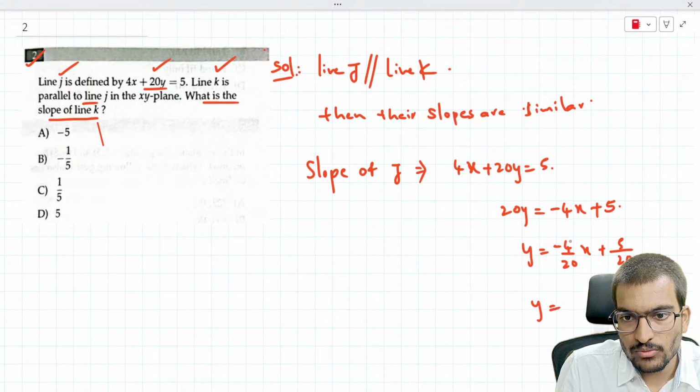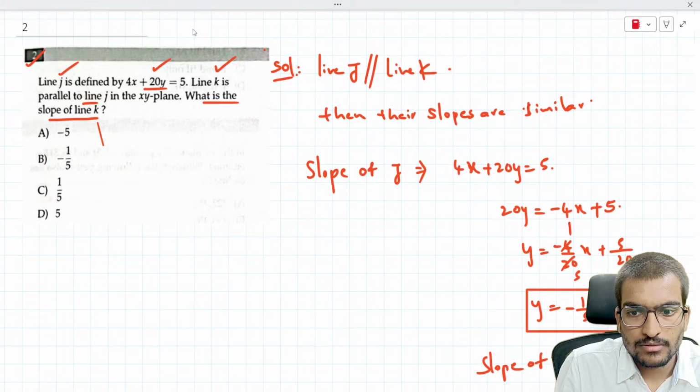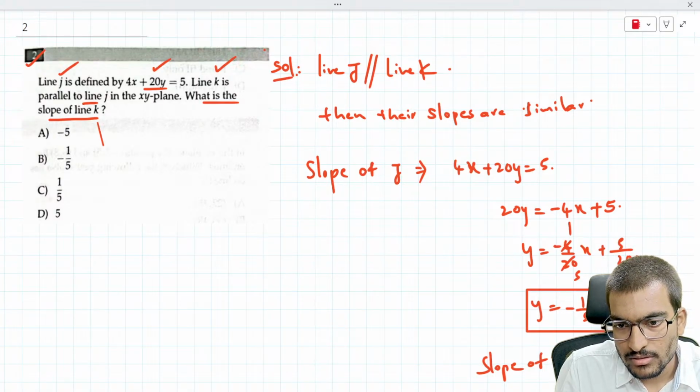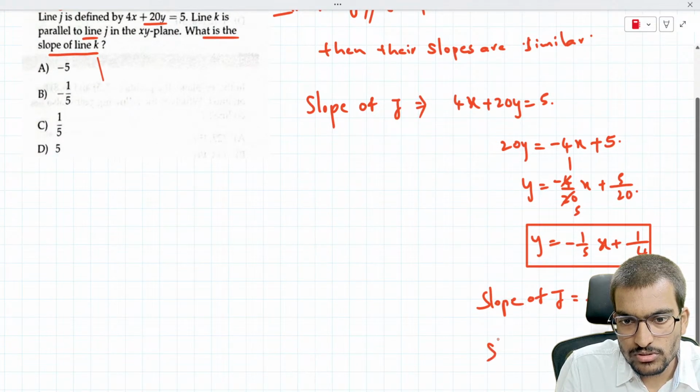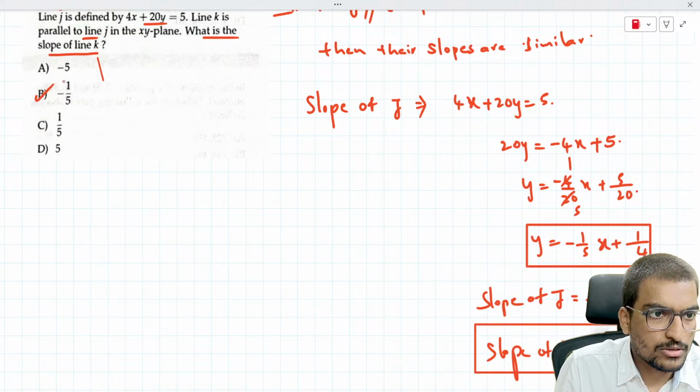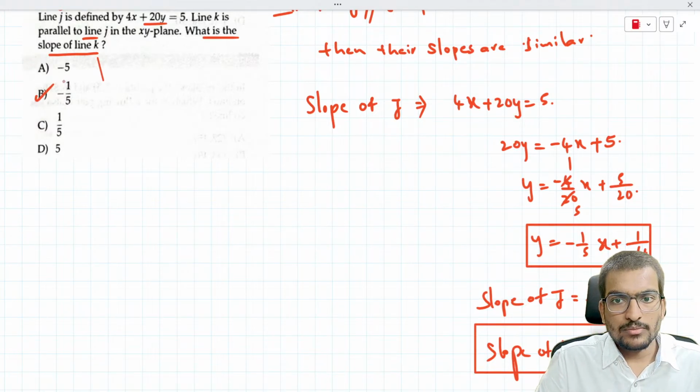So y equals -1 by 5 x plus 1 by 4. So here slope of J equals -1 by 5, which means slope of K is also the same, -1 by 5. That's option B.